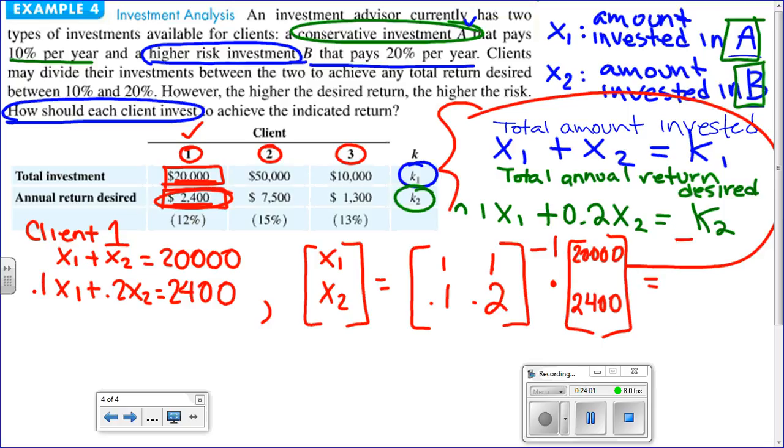Once we do that, we multiply. Of course, make sure you enter the inverse on the calculator. Once you get that multiplication, you will get 16,000, and the other one will be 4,000.